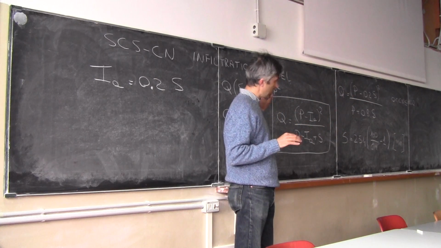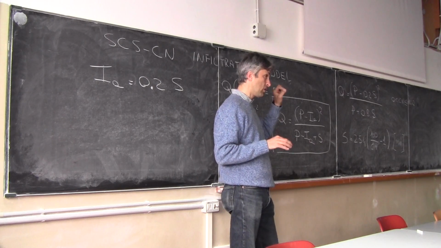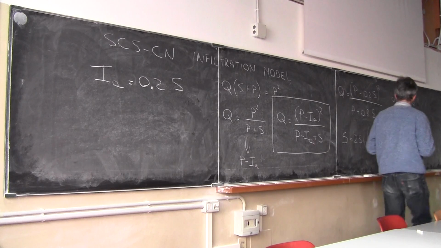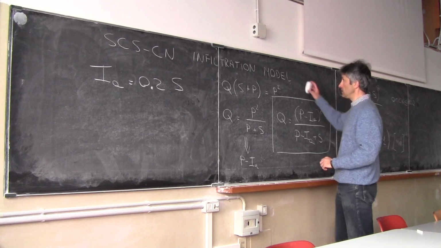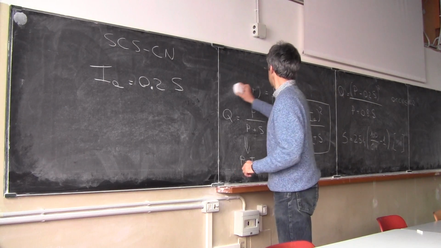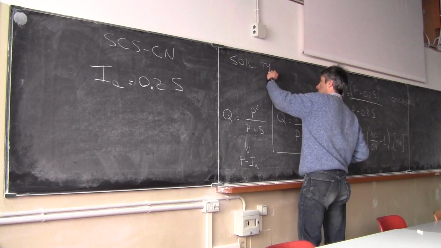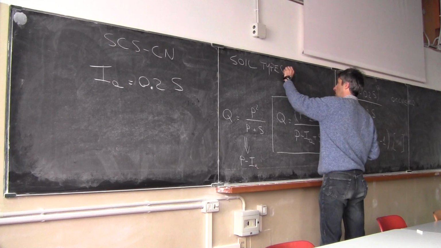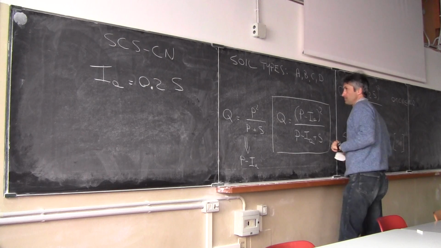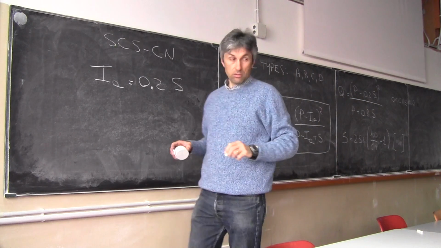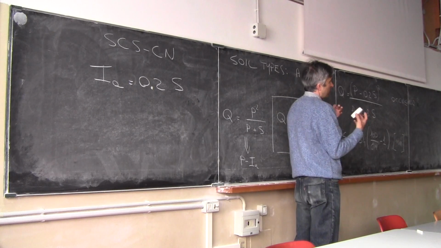So what the SCS proposed is to identify 4 types of soil behavior, which they called soil types A, B, C, and D. It's a very gross distinction, gross meaning a rough distinction.